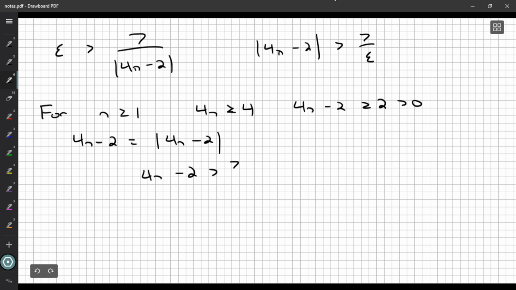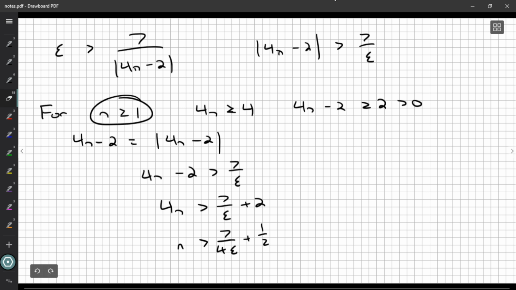So what we really need to do is show something like this, as long as our n's are greater than or equal to 1. And then what can we do? We could say 4n has to be greater than 7 over epsilon plus 2. Then divide everything by 4. So we could say 7 over 4 epsilon plus 2 over 4 is 1/2.